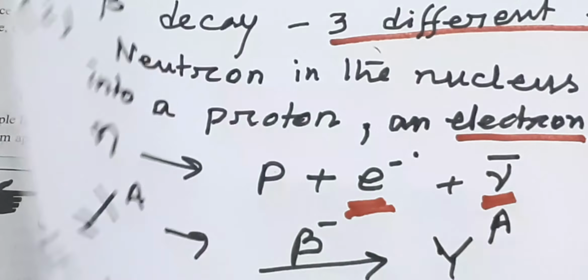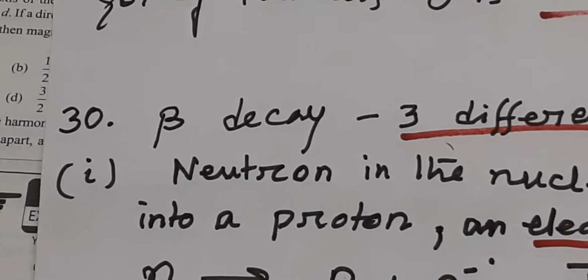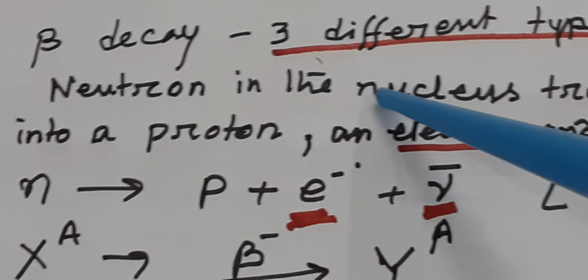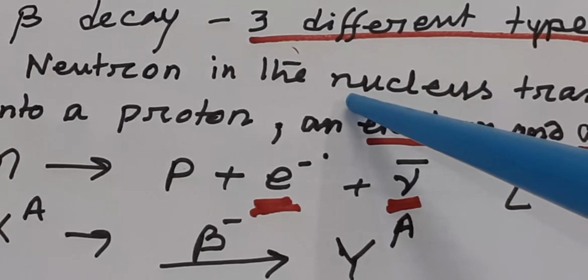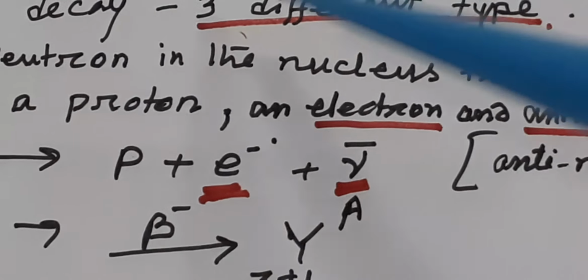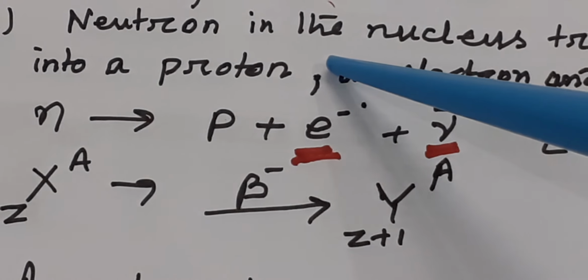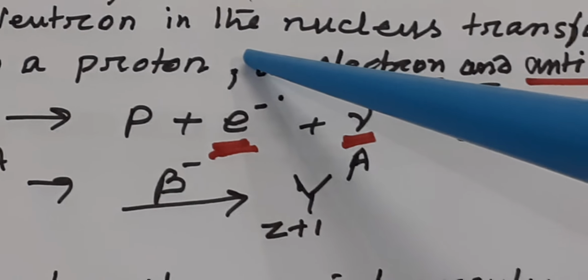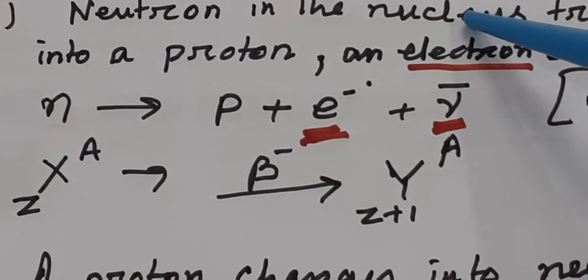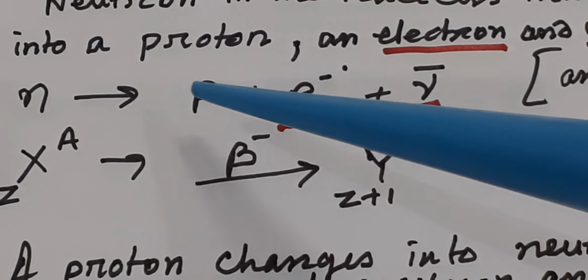We know that for beta decay, 3 different types of beta decay take place. I would like to give a little information about it. Number 1, a neutron in the nucleus is transformed to a proton.